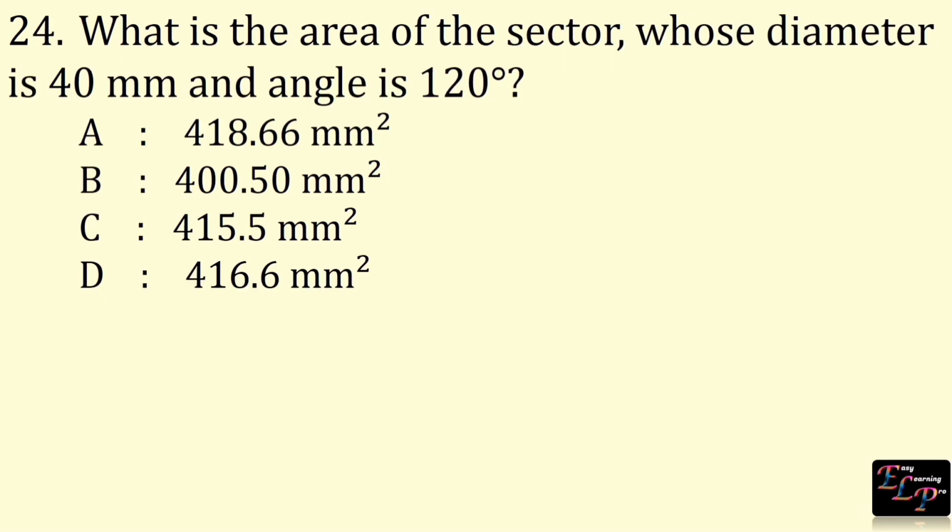What is the area of the sector whose diameter is 40 mm and angle is 120 degree? Diameter is given as 40 mm and angle theta is given as 120 degree. We have to find area of sector, which is given by pi r square theta divided by 360. Here diameter is given as 40, radius will be half of diameter, which is equal to 20 mm.